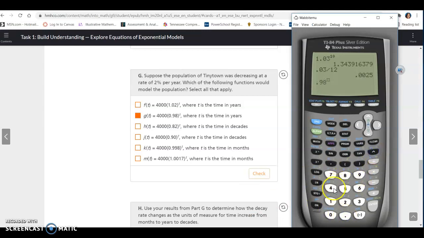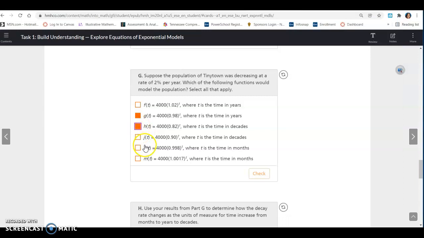Let's raise that to the 10th power and see what we get. Okay, so that's going to be about 82%. So that's going to be this one here. So again, it's going to decay quicker the further you go, just like before it increased quicker when it was growth. So now it's going to decay even quicker. All right, so that's decades.